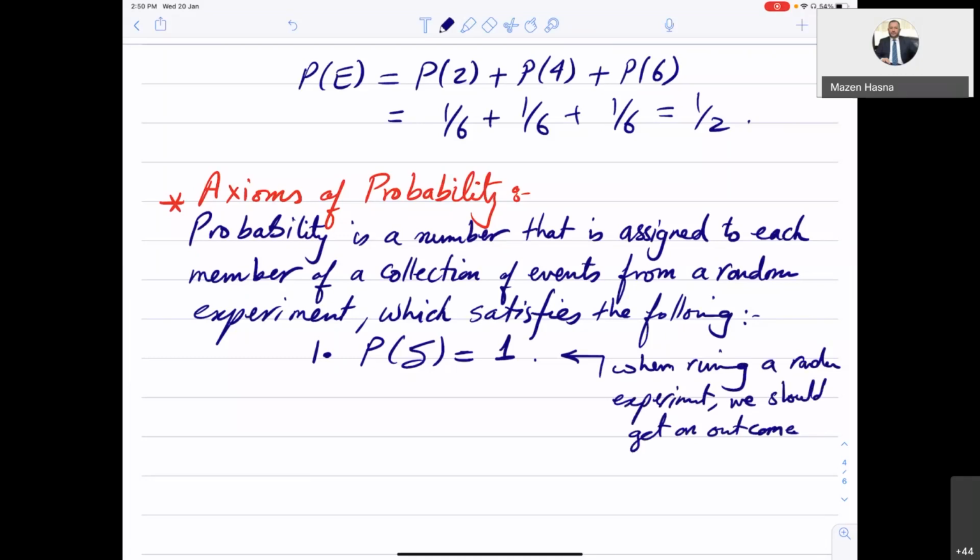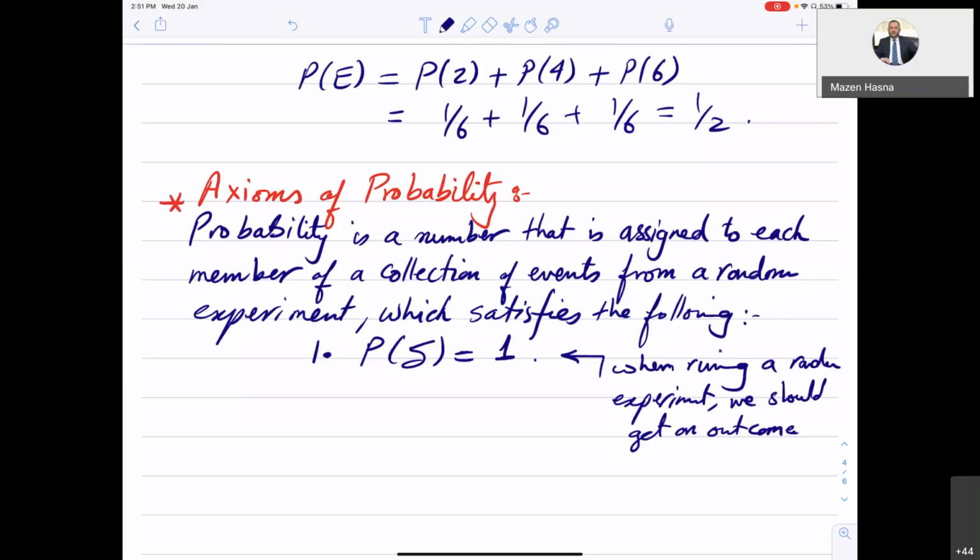For sure, you'll get a head or a tail. There's no, as we said, it's a fair coin, and it's assumed that it cannot stand on its edge. So the probability of the sample space is 1, because probability of sample space means adding the probabilities of each single event in that sample space. And if at any point you have a sample space and you try to calculate its probability and it was not 1, it means that you are missing some of the events or some of the outcomes from that sample space.